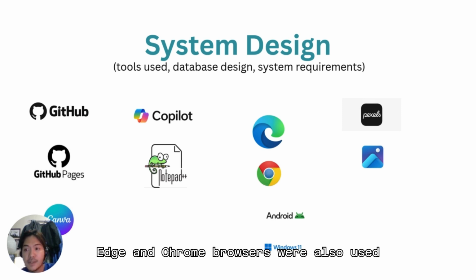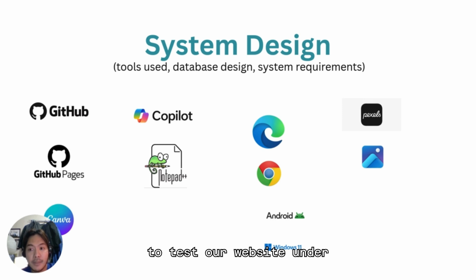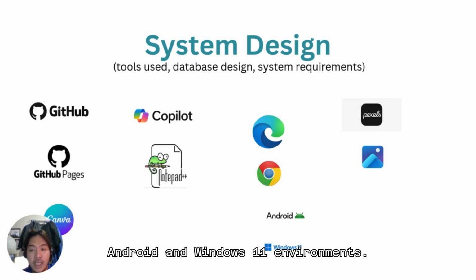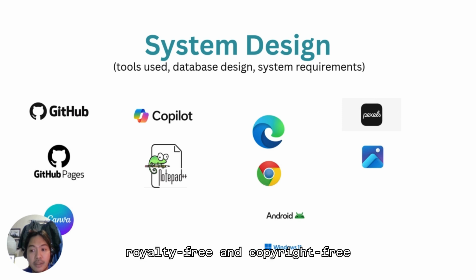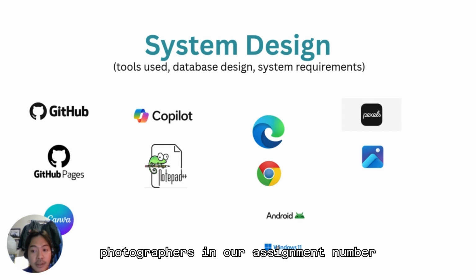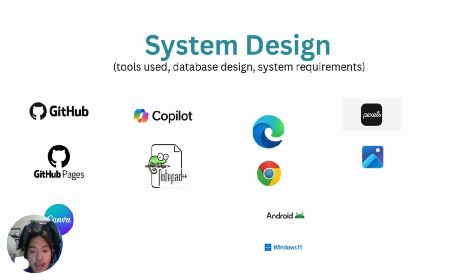Edge and Chrome browsers were also used to test our website under Android and Windows 11 environments. I also used Pexels.com to gather royalty-free and copyright-free photos and credited the photographers in our assignment number 4 output and our YouTube description.